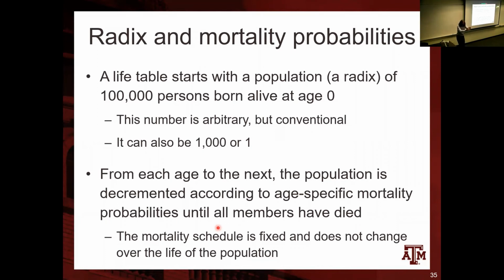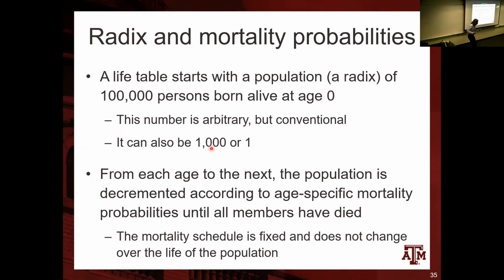The important thing is that when I'm comparing life tables from different countries, I have the age-specific death rates in the same unit of analysis. If I multiply one of them by 1,000, I multiply the other one. And the radix of the life table should be the same number, usually 1, 1,000, or 100,000.